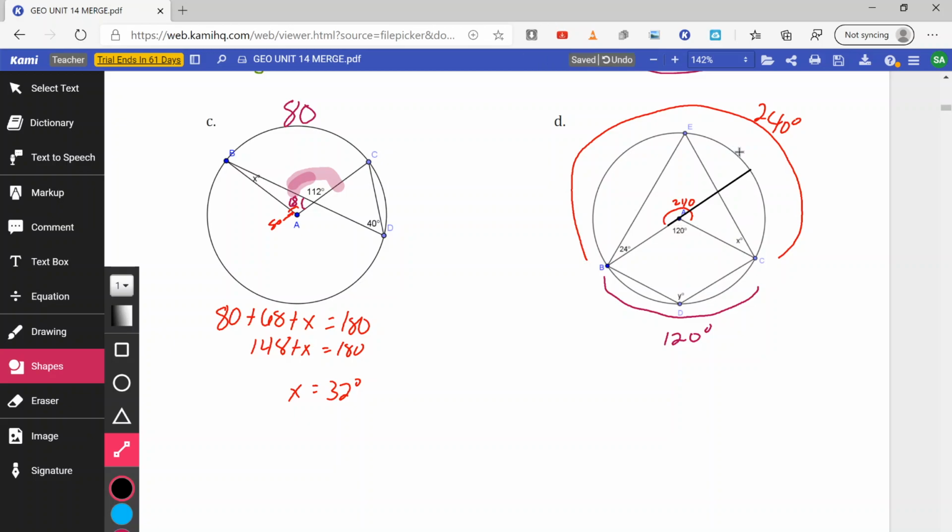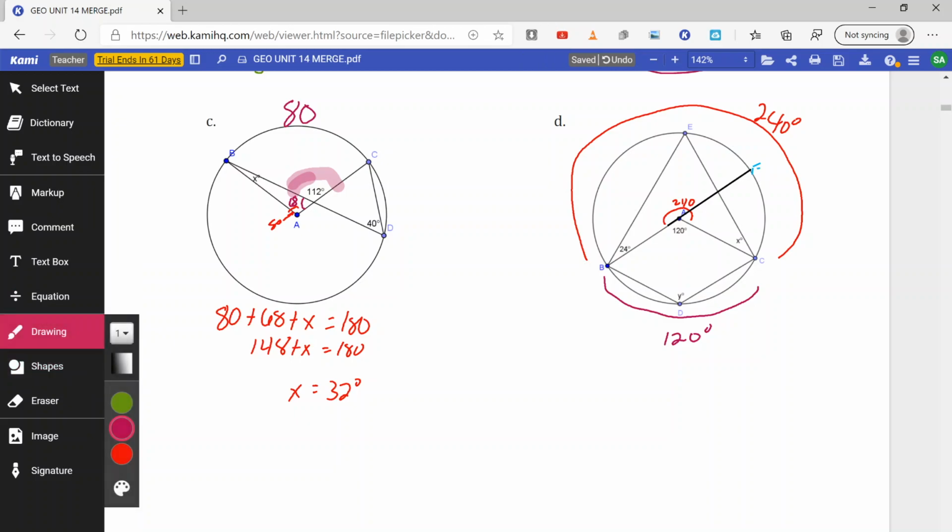So if we extend on out, what we can say is we now have this inscribed angle. So this means this portion, so we use ABCD, we'll say this is F. So because angle B is 24, that would mean this arc is 48.